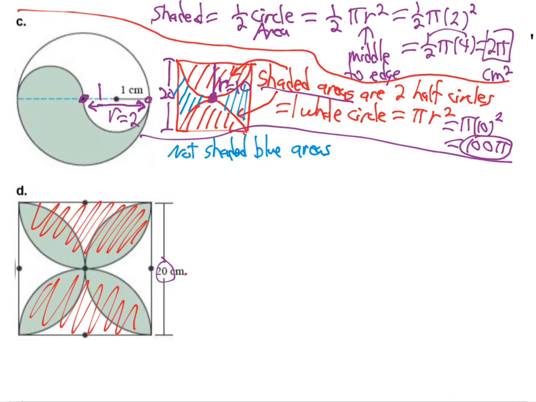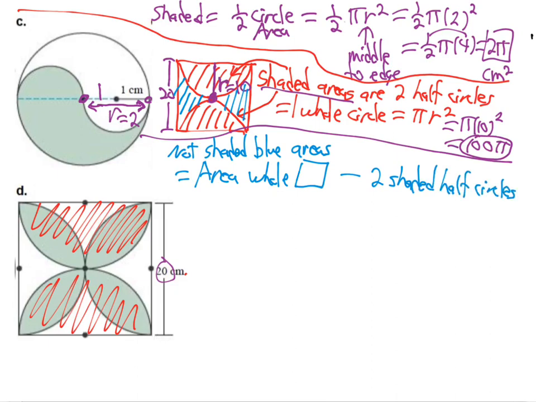How are we going to find the not shaded blue areas? Well, they've got to be the area of the whole square minus the two shaded half circles. Are you tracking with me on that?